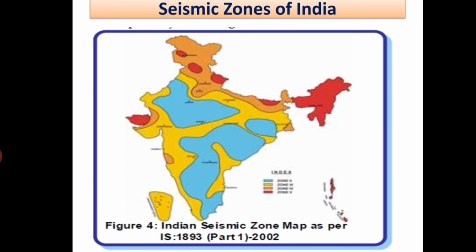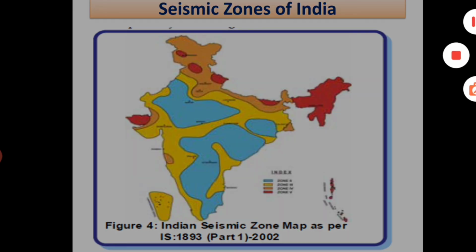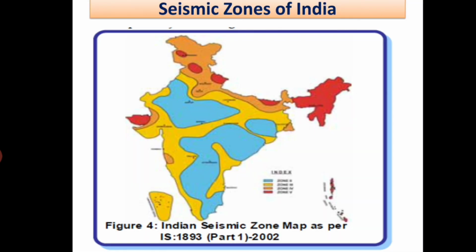So this is all about the design philosophy of earthquakes. In the next lecture we will see the design philosophy of earthquake effect on building size and shape, how we configure the elevation of the building, and how we configure the plan of the building.